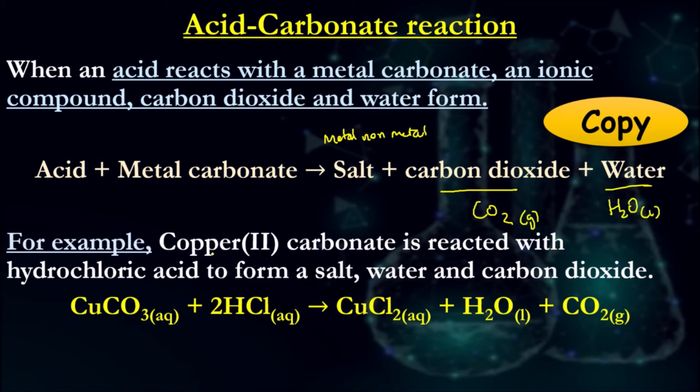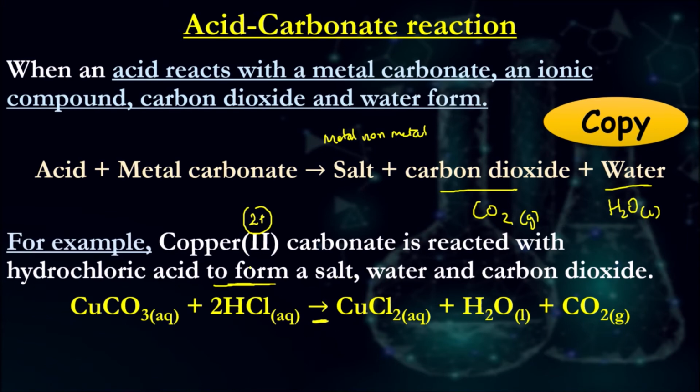Let's look at the example down here. If we have copper 2, this 2, remember, represents the charge number. So copper 2 carbonate is reacted with hydrochloric acid to form a salt, water, and carbon dioxide. So we are forming these three things, hence that's what the arrow is representing here.